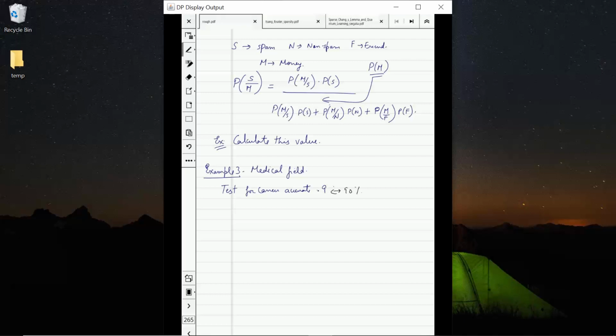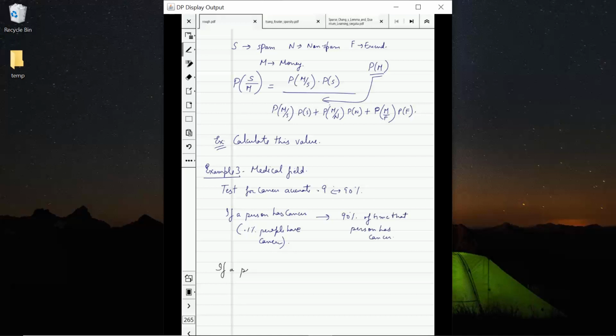So what does it mean? That if a person has cancer, this event is pretty rare. We will say that only 0.1% people have cancer. Even then, it reports 90% of the time that the person has cancer. So 90% of the time it is correct on patients.